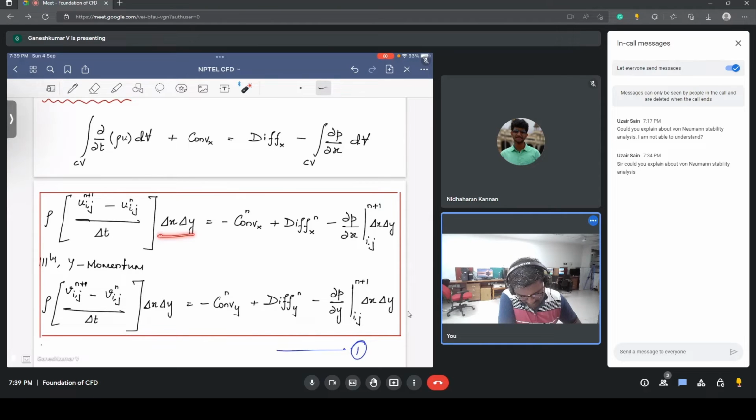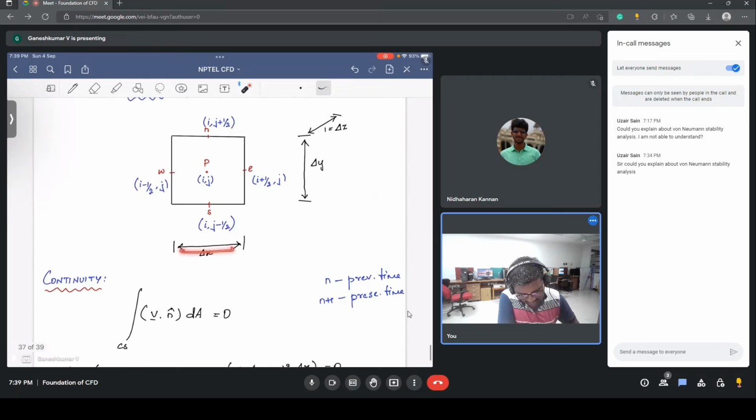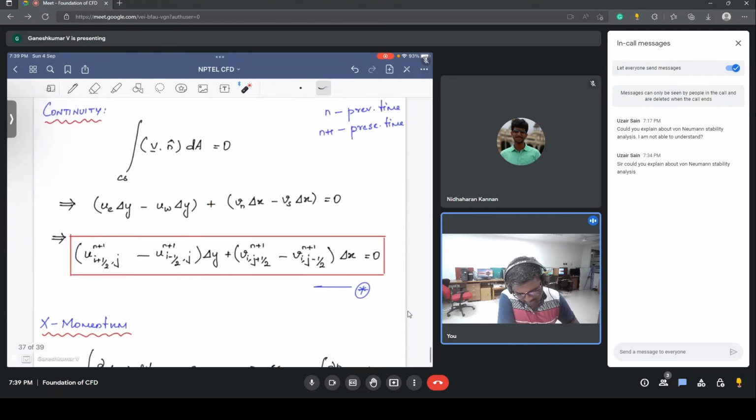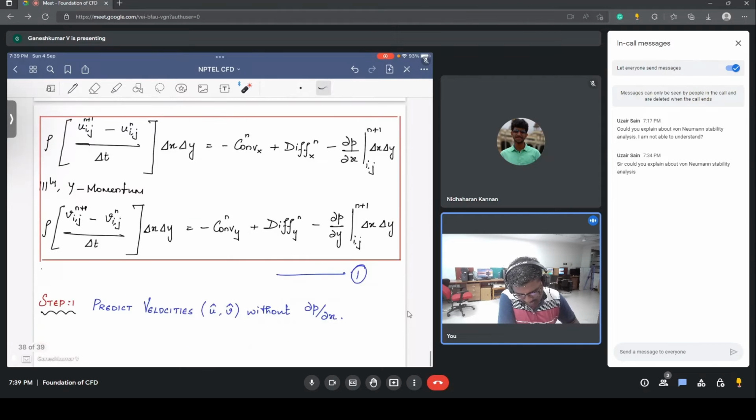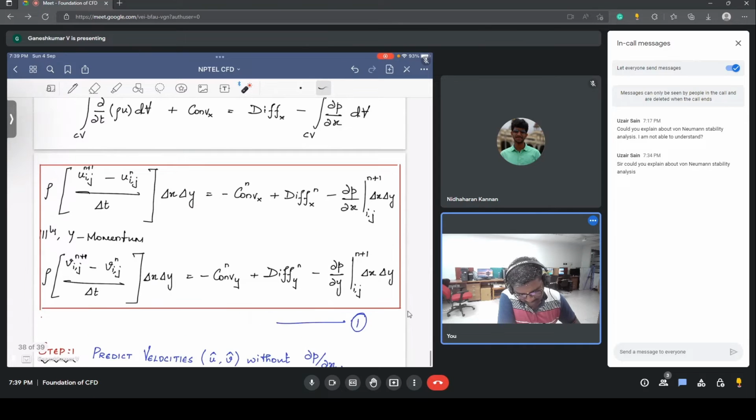Then we have delta x and delta y because it is multiplied by the control volume. Our volume would be delta x delta y into 1, which is unity, so we just drop it. So delta x delta y, and we have convection and diffusion terms, which we already know how to discretize using the finite volume method.